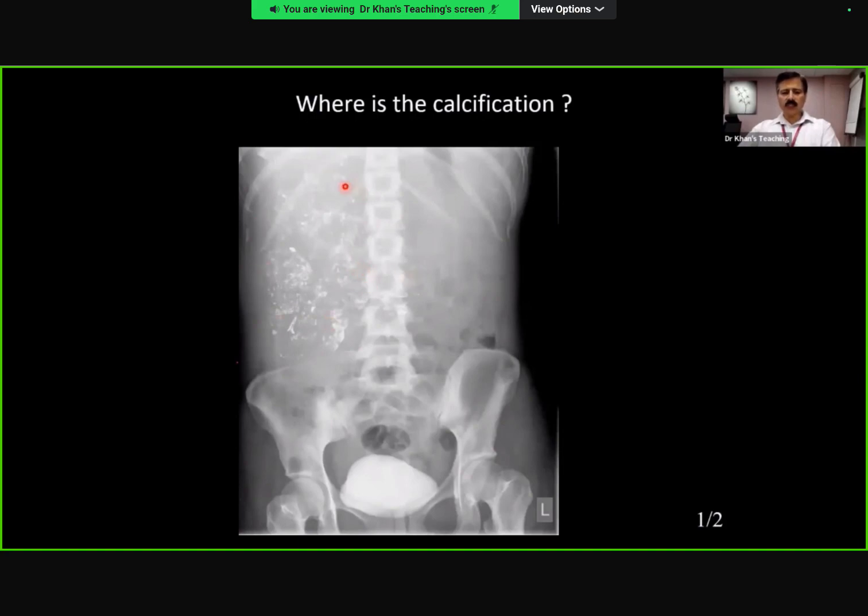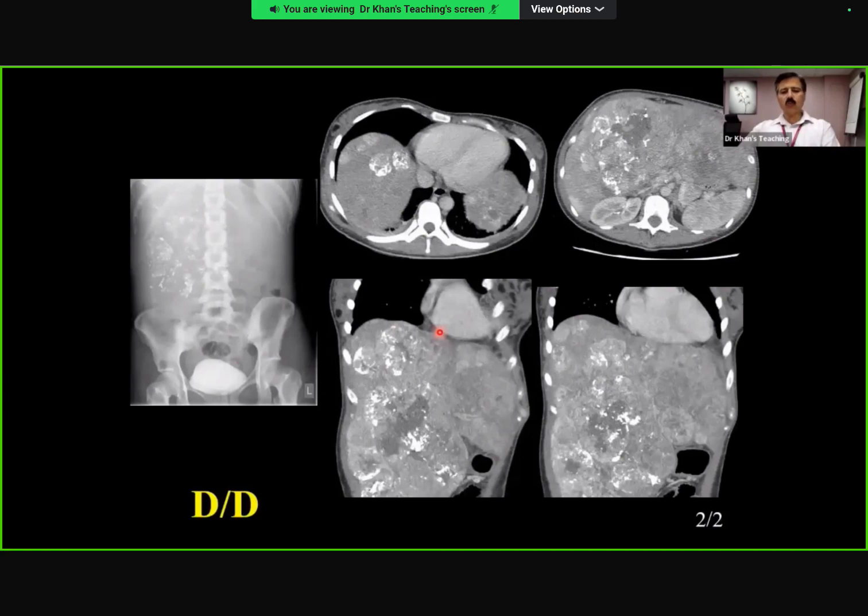Where do you think is this calcification? Okay, so this can be either within the liver. Excellent. So this was within the liver, which is a very enlarged liver.